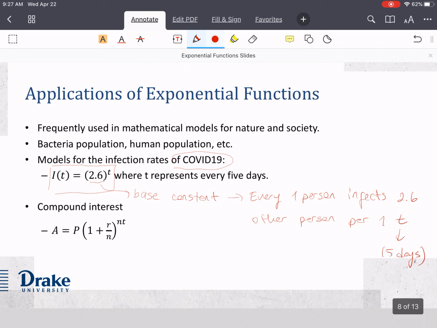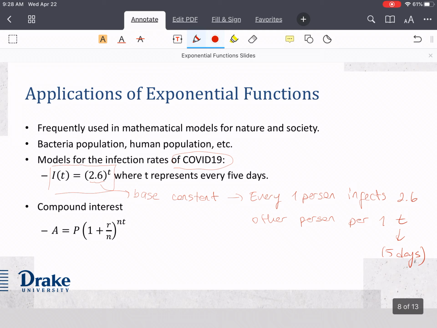In other words, every infected person in Italy infects 2.6 other people in 5 days. And this was a calculation Italy has been using to model their infection rates.